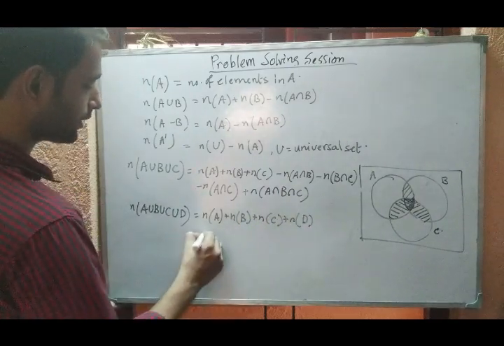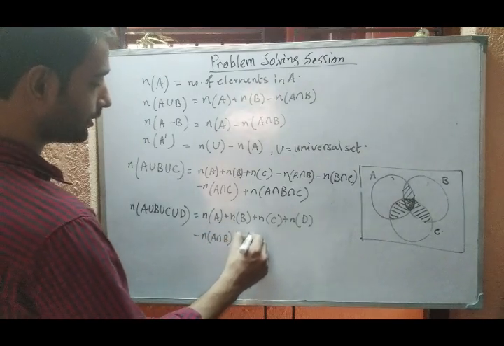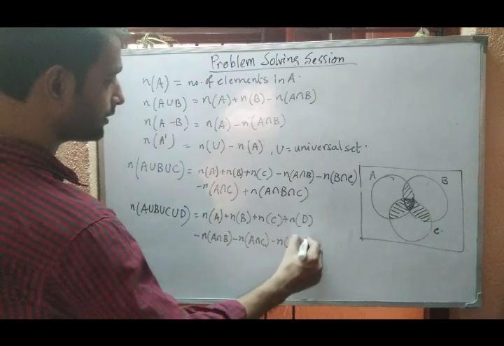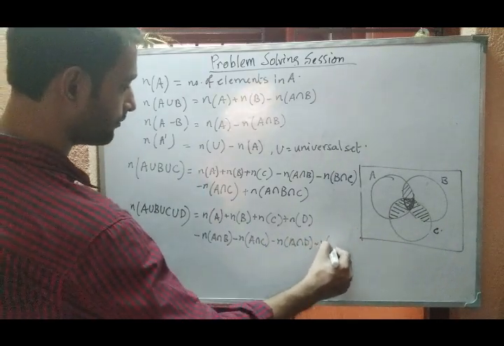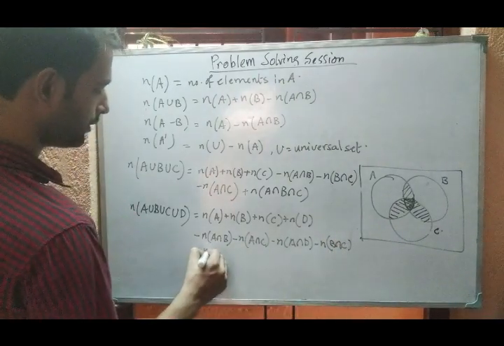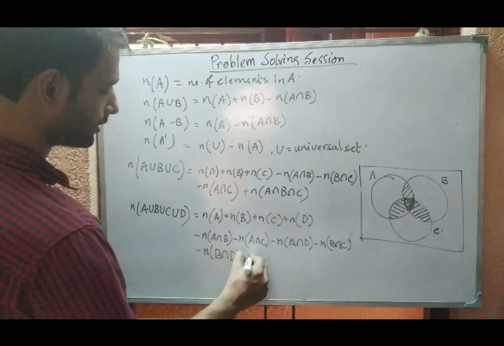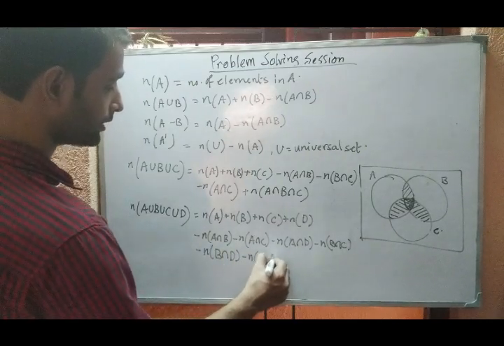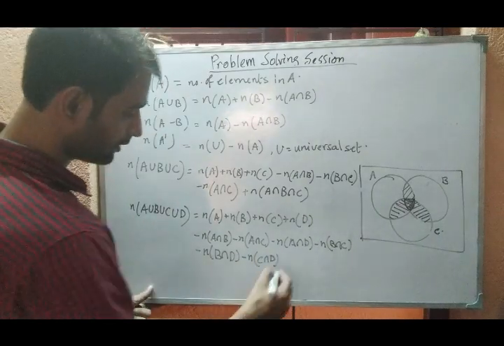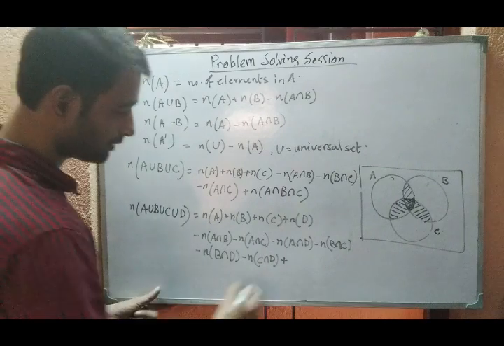Then we will subtract all the intersections, A intersection B, A intersection C, A intersection D, and B intersection C, B intersection D, and C intersection D. So these are all the intersections of two sets. Now we will add all the intersections of three sets.